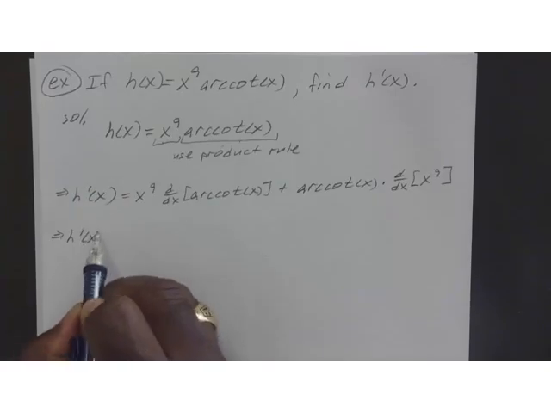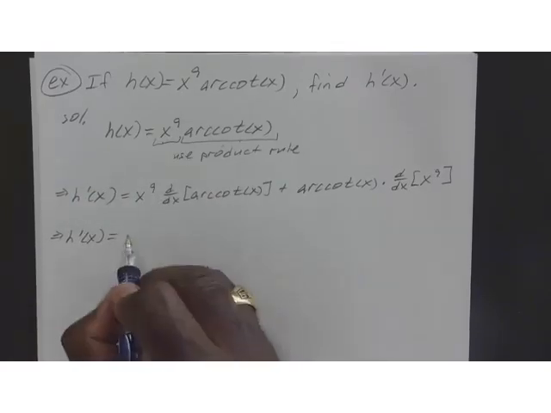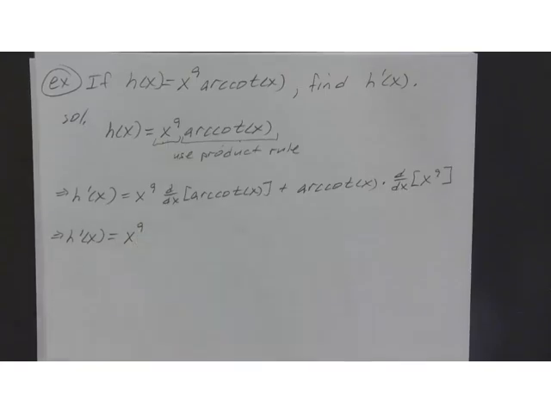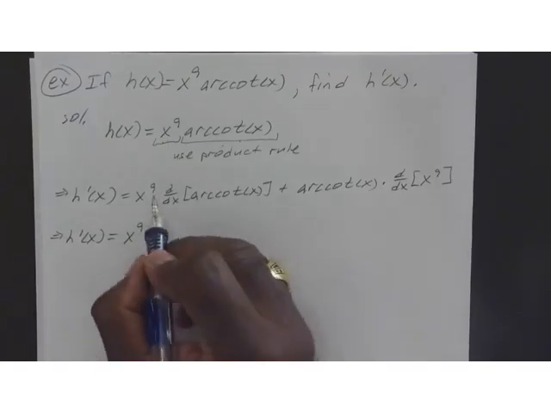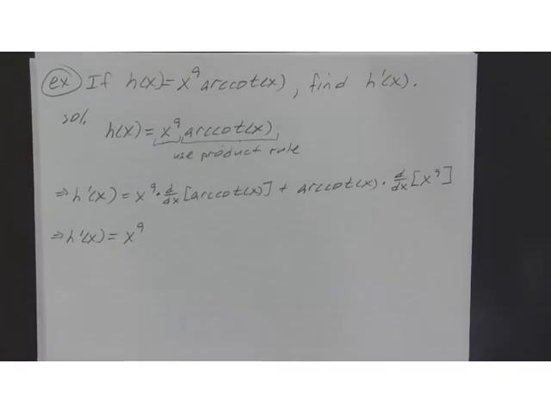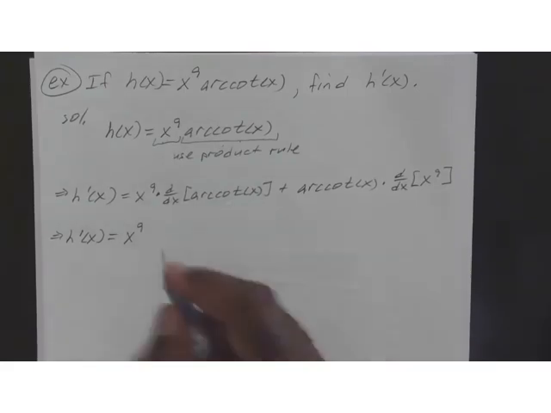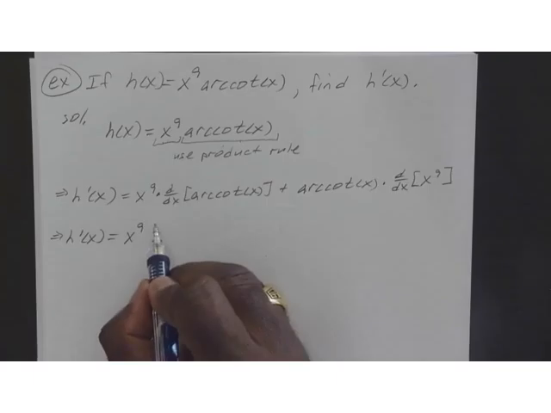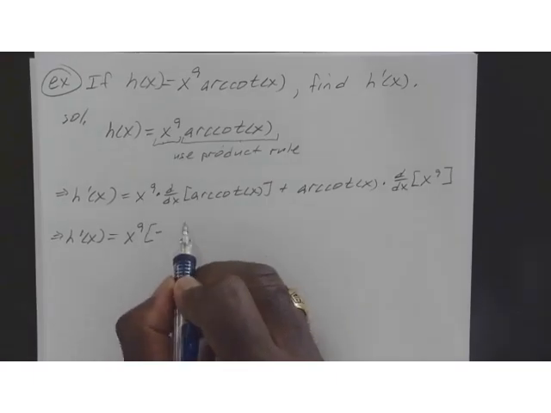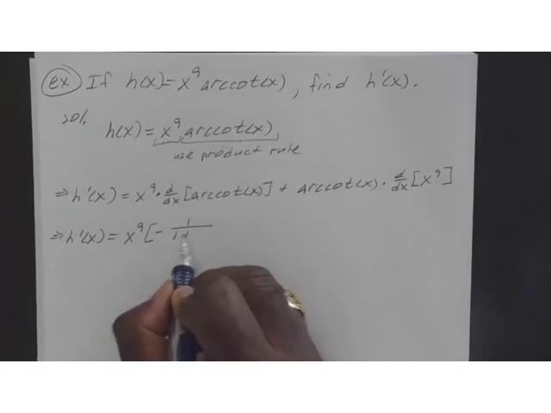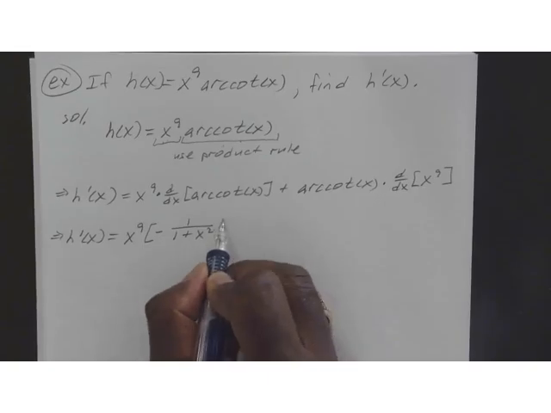So that means our h prime of x is equal to x to the 9th power, and I'll put a little multiplication dot right there, times the derivative of cotangent inverse, or arc cotangent, which is negative 1 over 1 plus x squared.